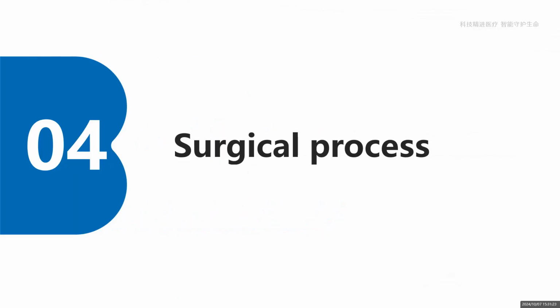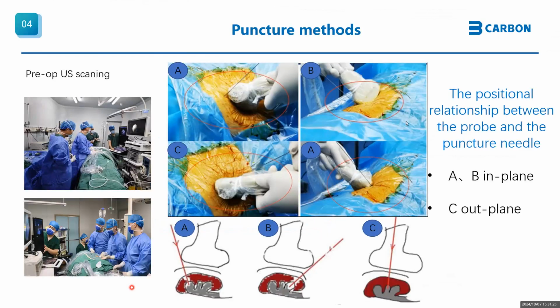Okay, surgical process. How do we do this puncture? Before the surgery, the doctor uses ultrasound just to check and see the kidney and then the target calyx. And then for the puncture, there are two methods.